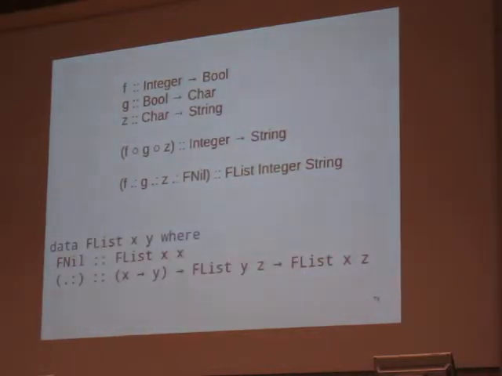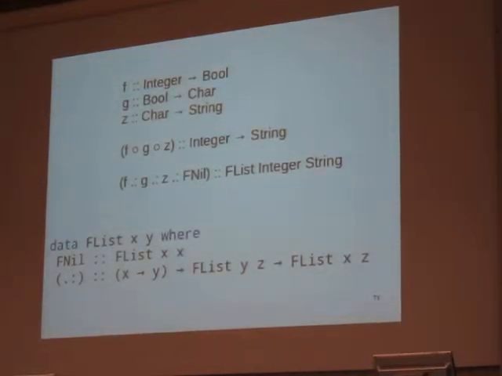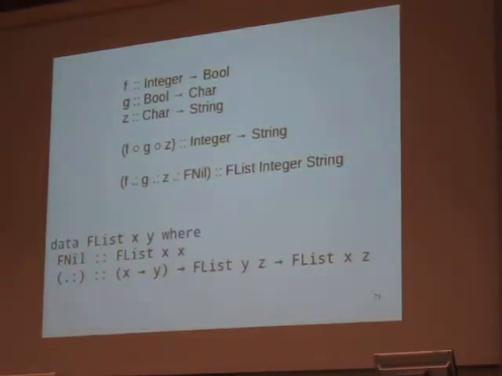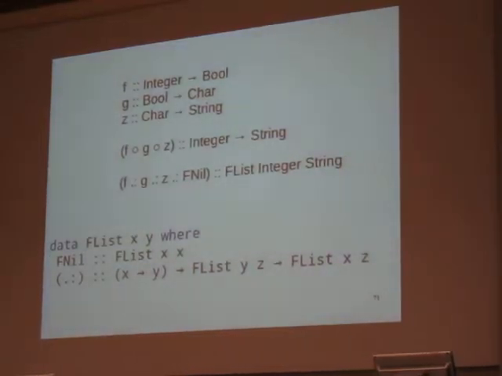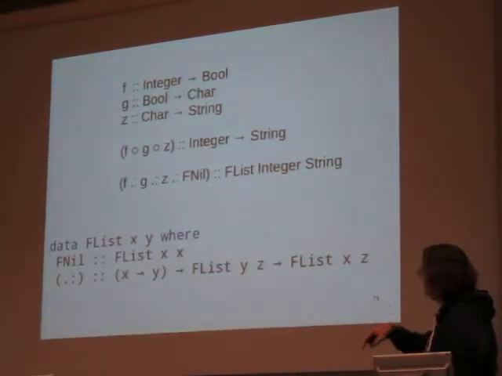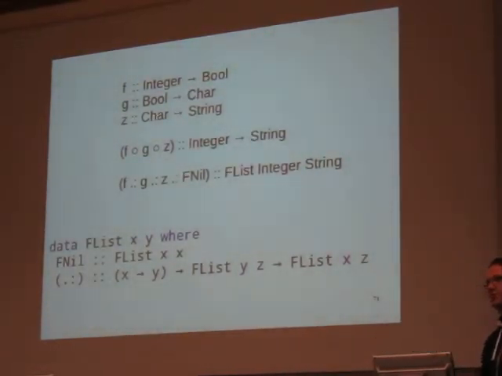How does that work? This is where the GATs and the existentials come in, so that's a sort of connection with the previous talk. So if we have a function list that takes two arguments, namely the type which is the argument of the first function and the output of the last function. If we have an empty function list, then it's basically sort of like the identity function, right?